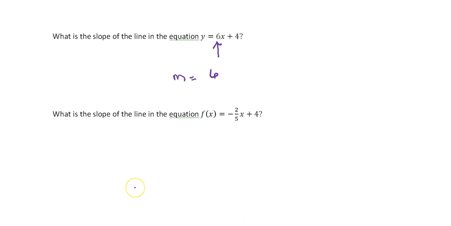Another one, right? If you have the slope of the line in the equation f of x equals negative 2 over 5x plus 4, the negative 2 over 5 is going to be our slope.